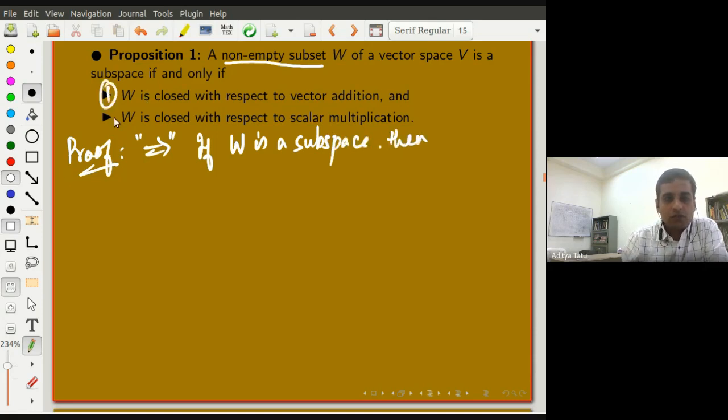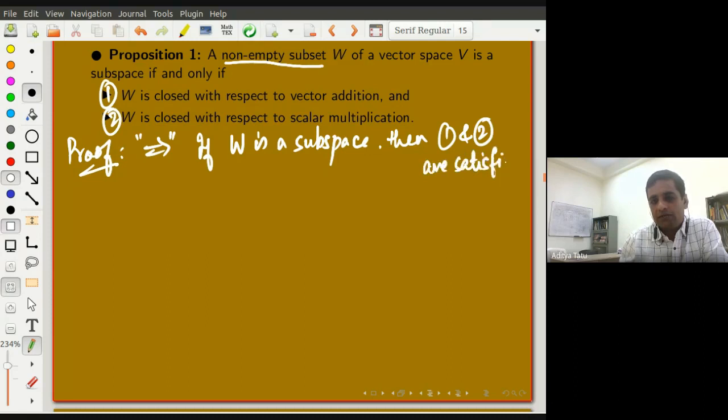Let me call this 1 and this 2, then 1 and 2 are satisfied. That comes basically from the definition of vector space, because if I say W is a subspace, it has to be a vector space. If it is a vector space, of course, it has to be closed with respect to vector addition and scalar multiplication. That I hope is straightforward. How about the other way?